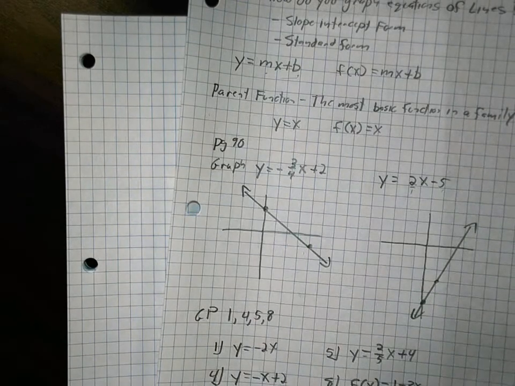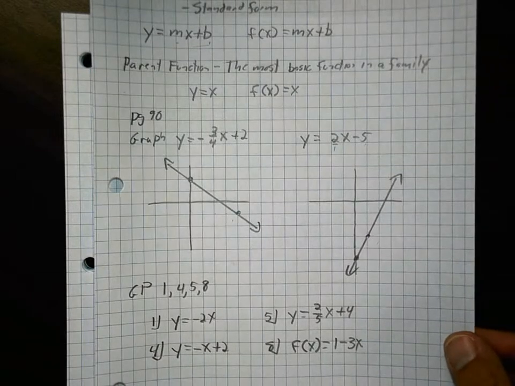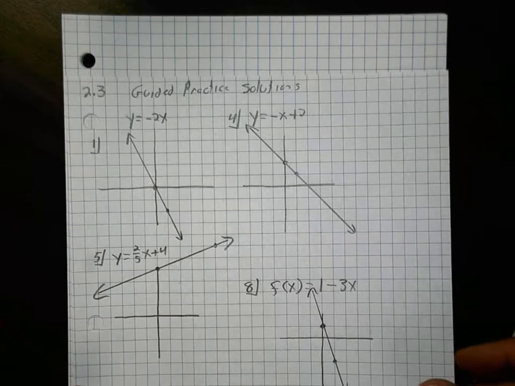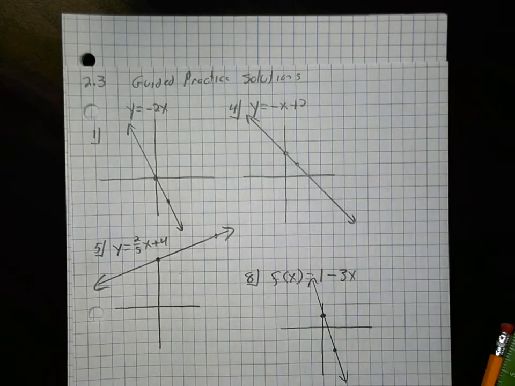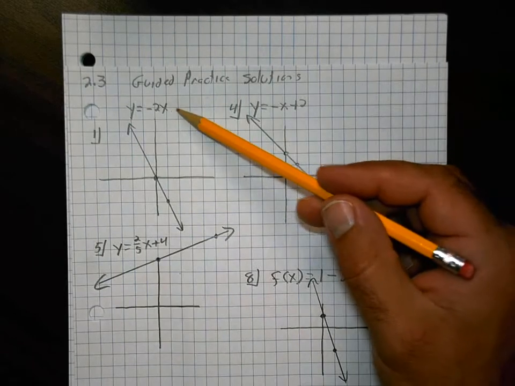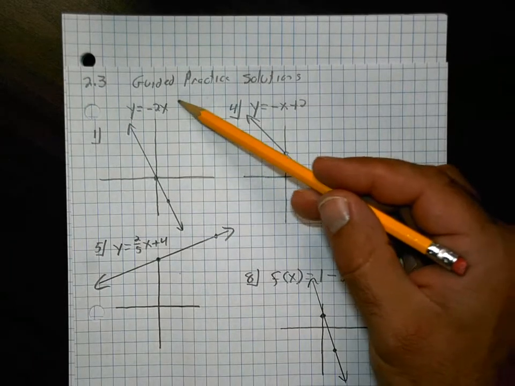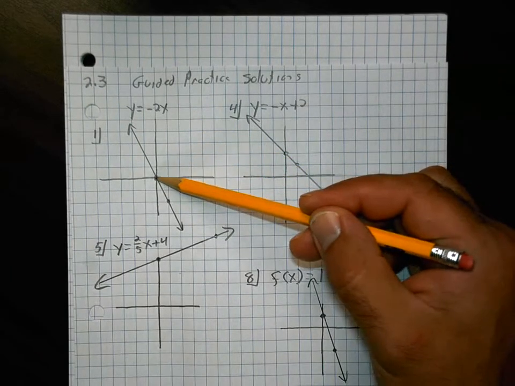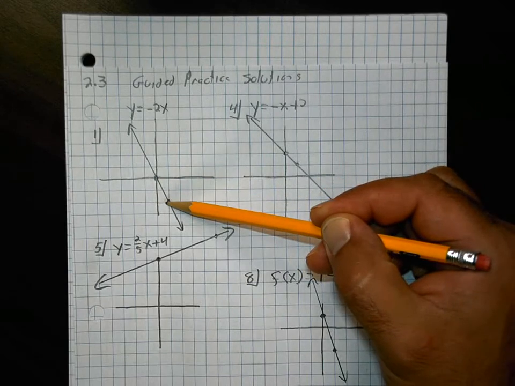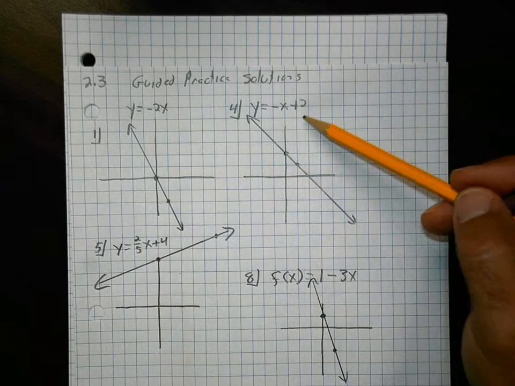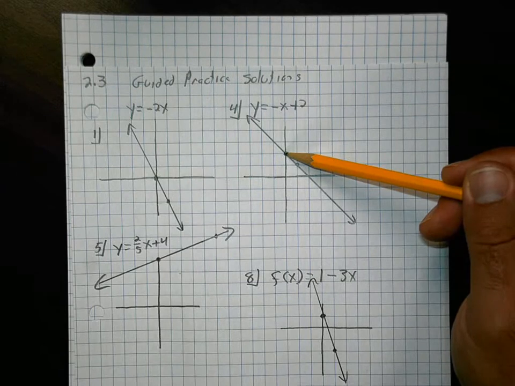Okay, so you've had a chance to do those problems. Now I'm going to show the answers so you can check and see how you did. So number 1, y equals negative 2x. The y-intercept is 0 because there is no b. Slope is negative 2, down 2 over 1. Negative x plus 2, y-intercept of 2.